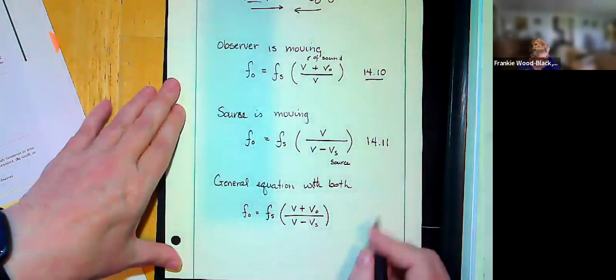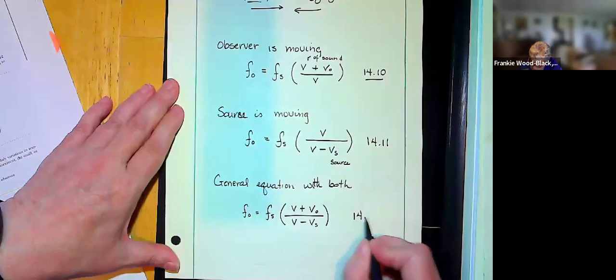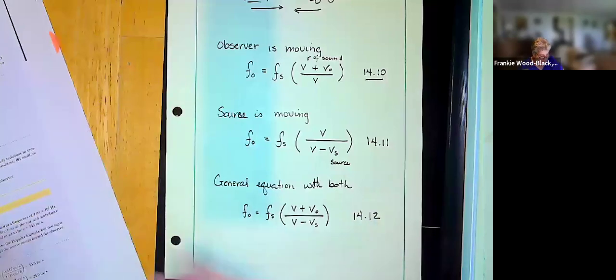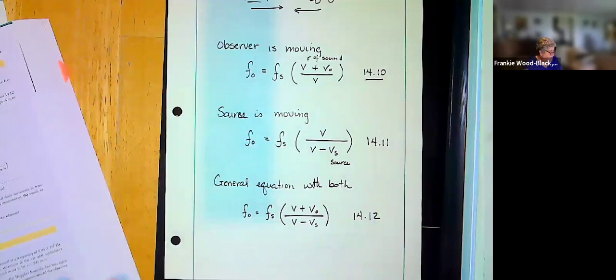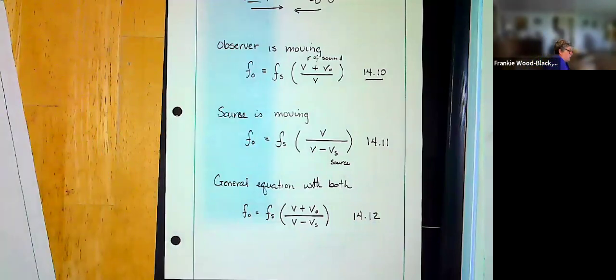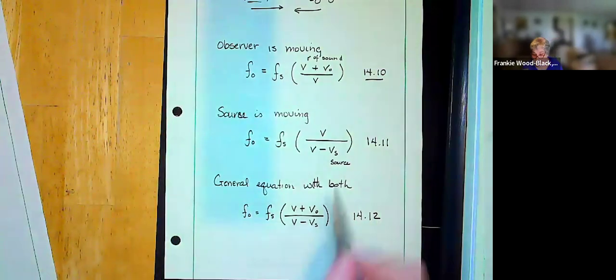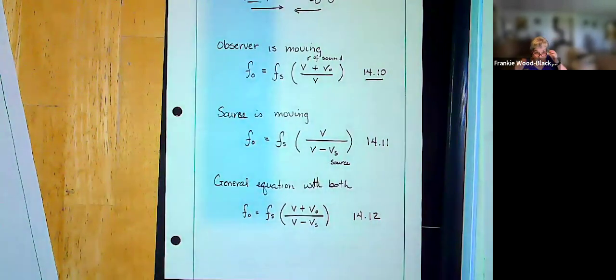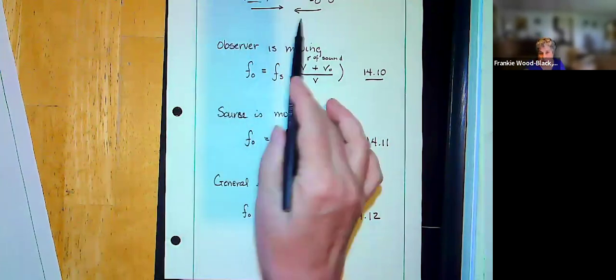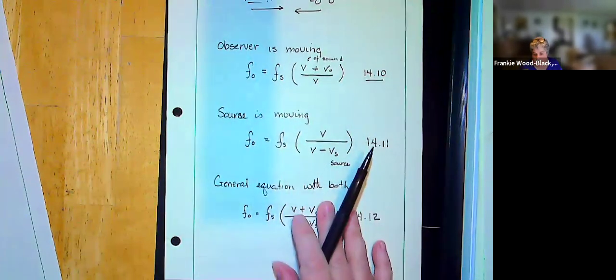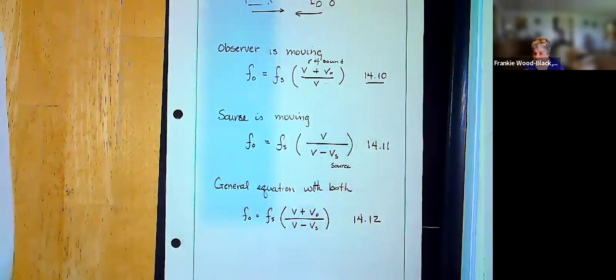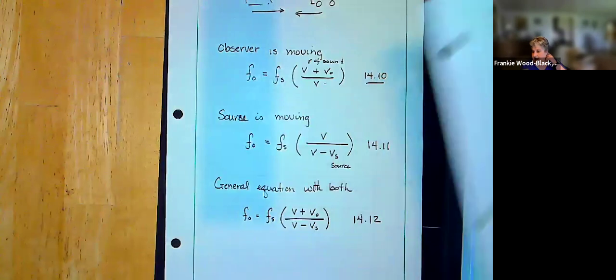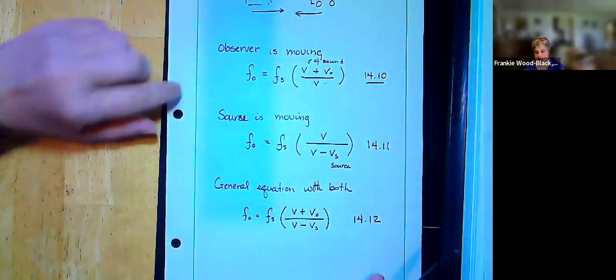And this is 14.12. When you work these problems, the trick is the positives and negatives, because these velocities depend on the problem. I will tell you that when I work these today, I have to double check.